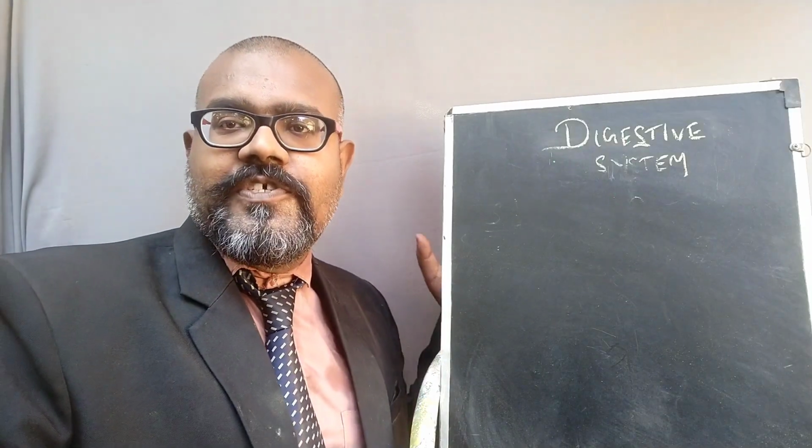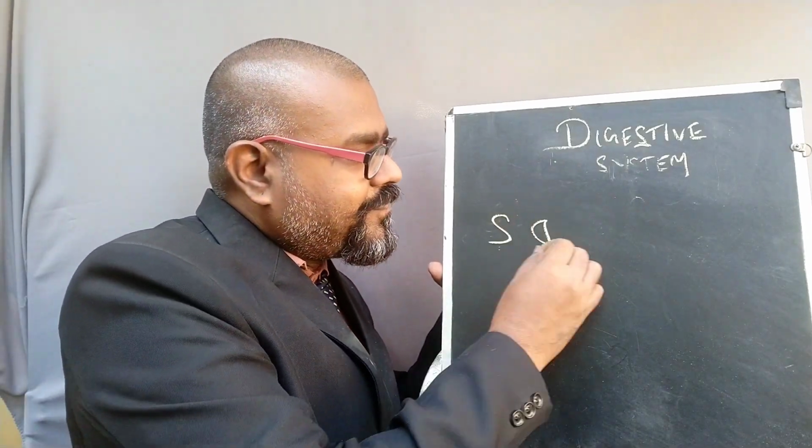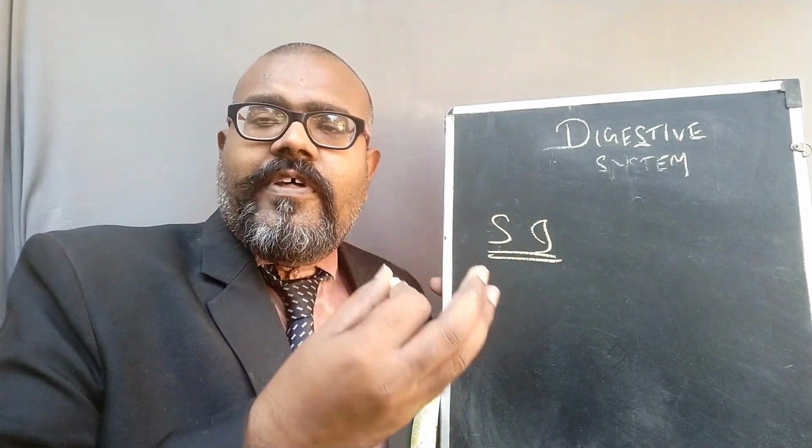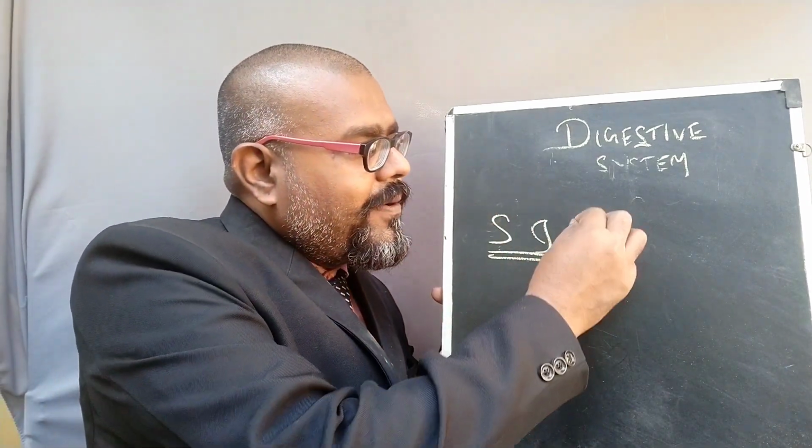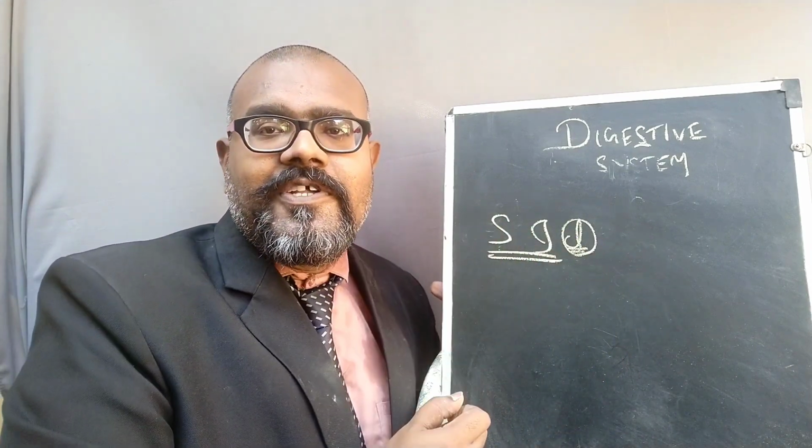The next region of the digestive system is the small intestine. After the pyloric sphincter, the duodenum is the starting region of the small intestine.